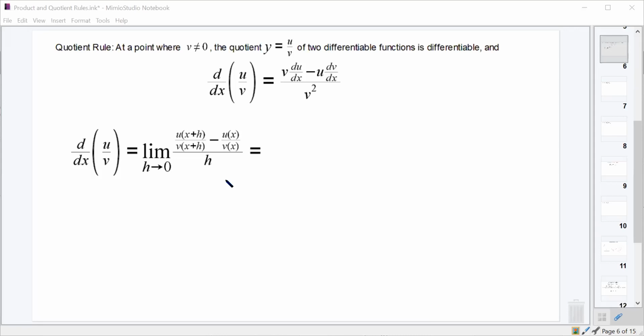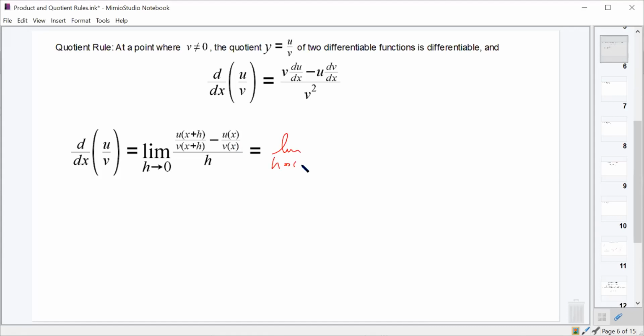Yes. All right, so now we're going to have to figure out something to add and subtract in here eventually. But before we do that, what's the best thing we try to do to simplify down these complex fractions? Common denominator. So the common denominator in our numerator there is going to be v of x plus h times v of x.